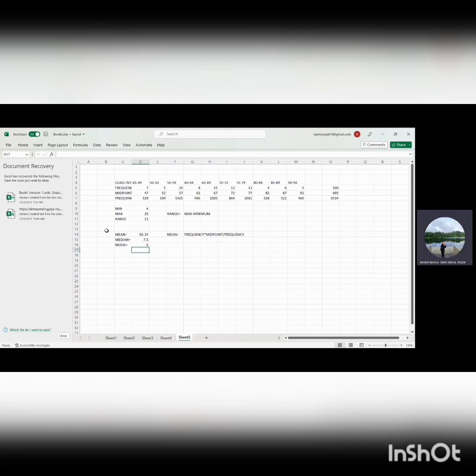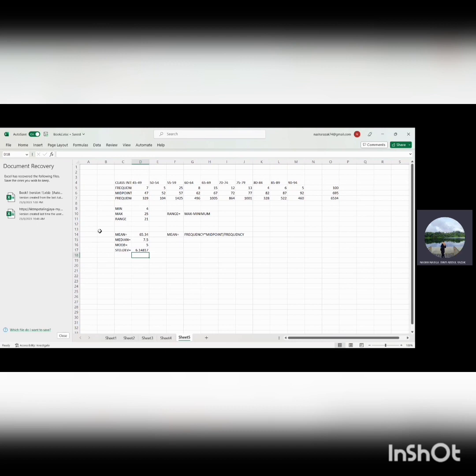And finally, the standard deviation. Standard deviation is a value used in determining the dispersion of data in a sample.